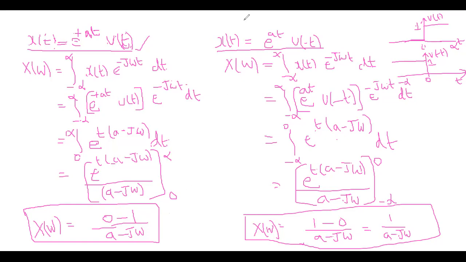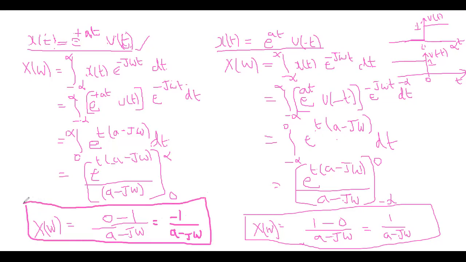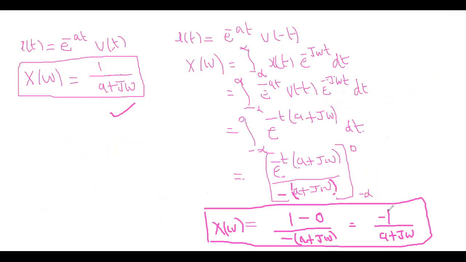This is equal to minus 1 by a minus j omega. Remember, my dear students, this is plus 1 by a minus j omega and it is minus a minus j omega. And in the denominator here 1 by a plus j omega and minus 1 by a plus j omega.